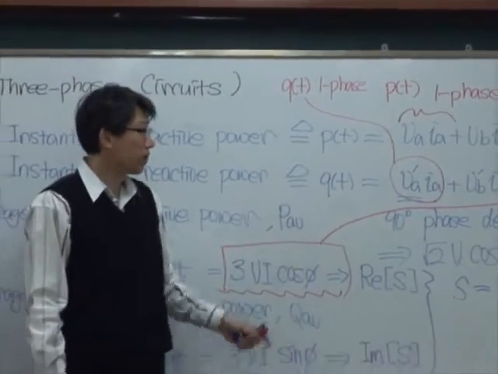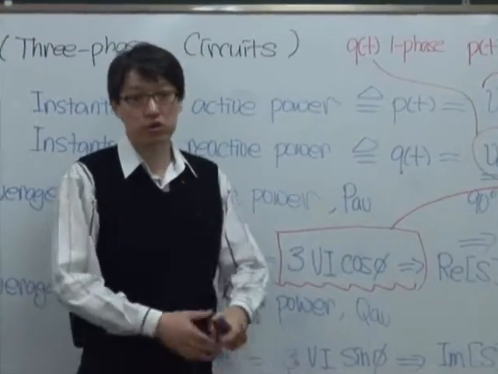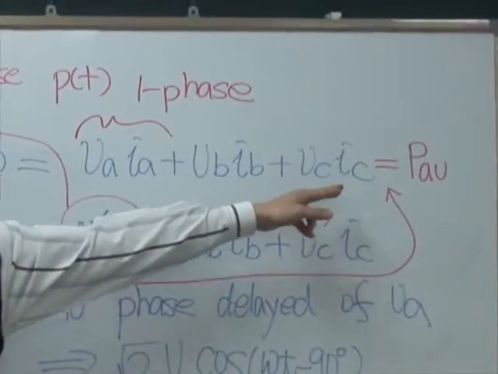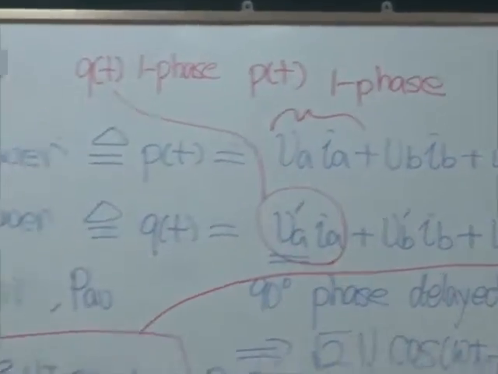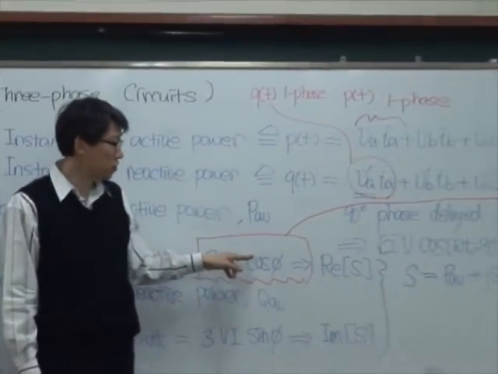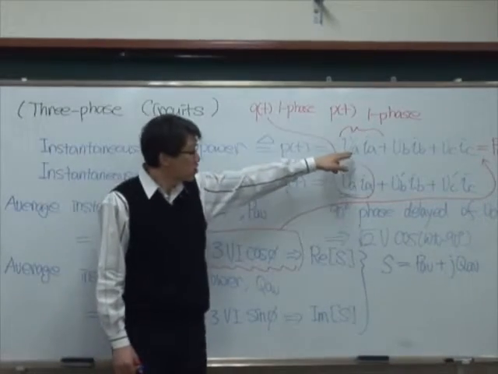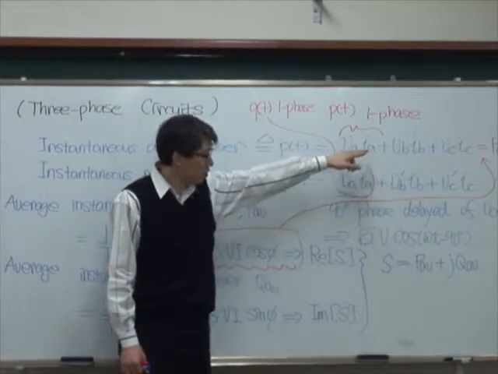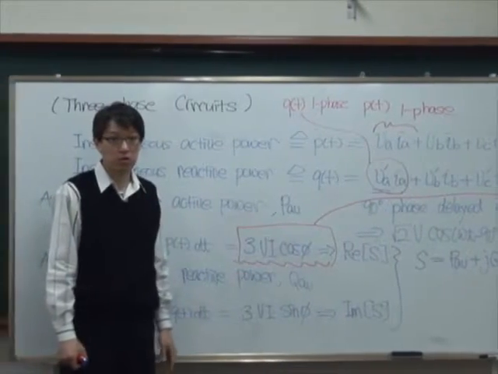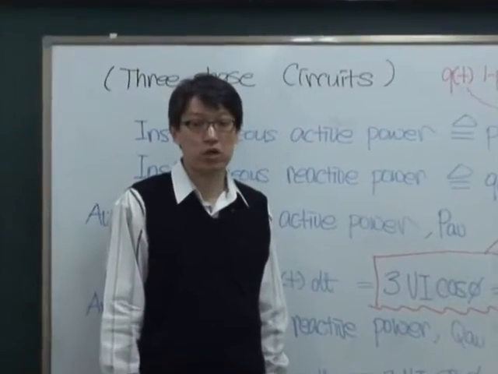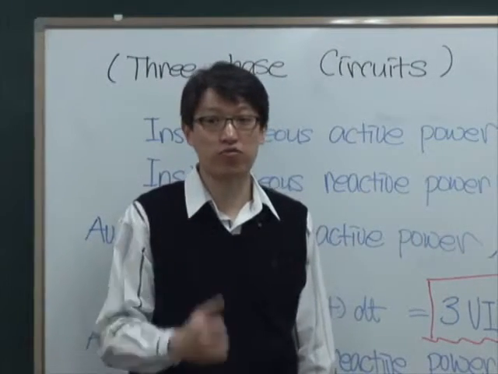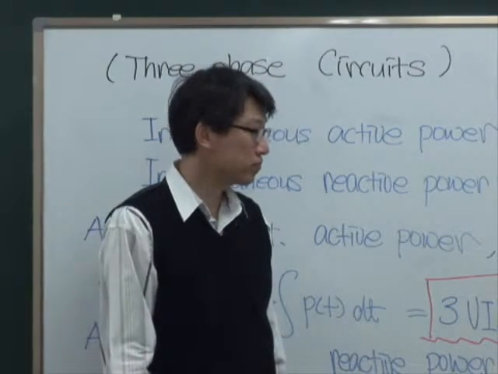Okay? This is interesting, right? This value itself is equal to PAV. And if you integrate this and divide by T, then also it has same value. 재밌죠, 여러분? 이렇게 실제로 했을 때도 PAV가 나오고 이거를 평균 취했을 때도 PAV가 나온다는 얘기예요. 네, 이것도 한번 여러분들 직접 손으로 계산하시기 바랍니다. 이건 삼상 시스템의 중요한 장점 중에 하나이기 때문에요. Okay?